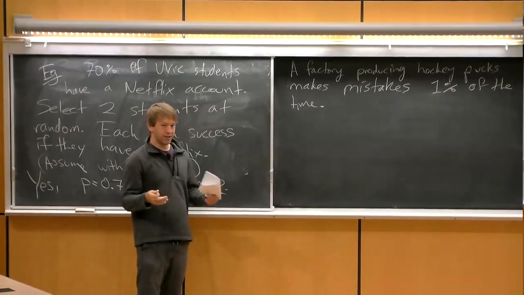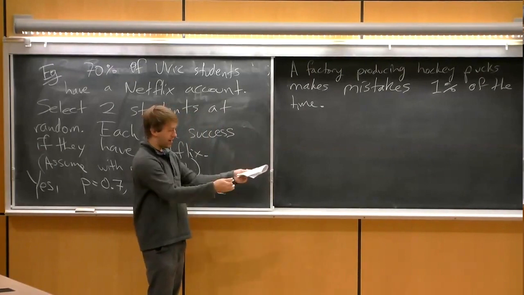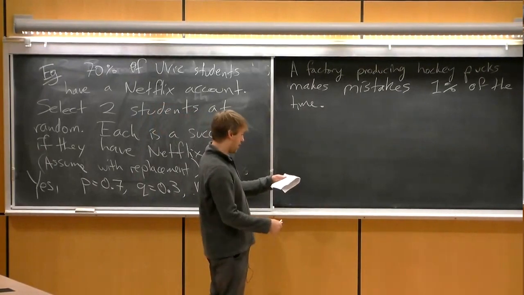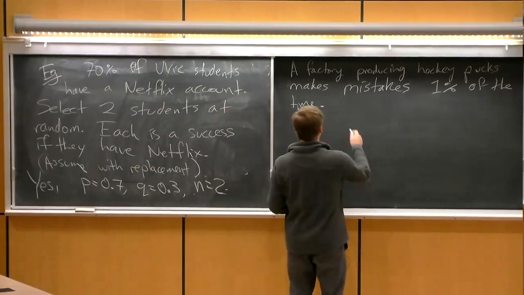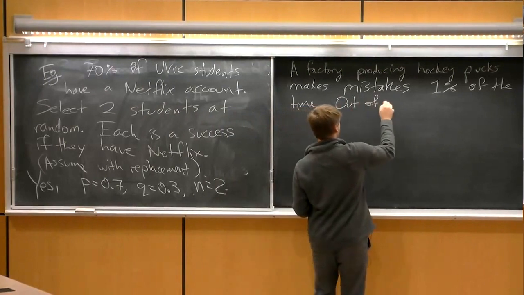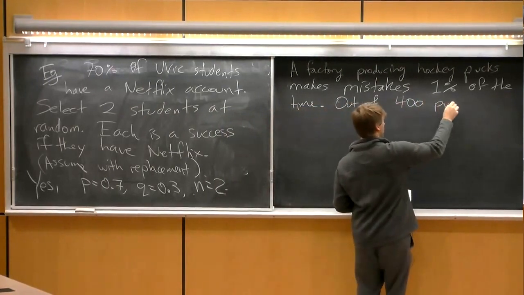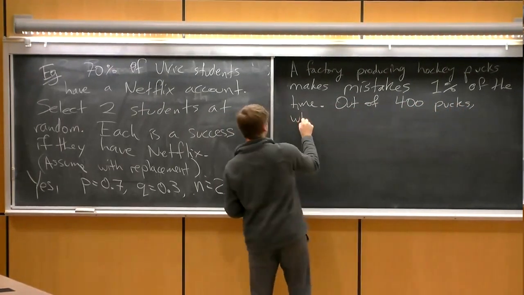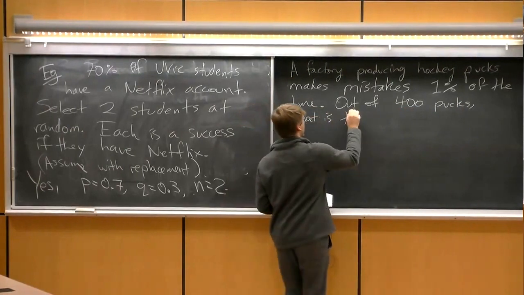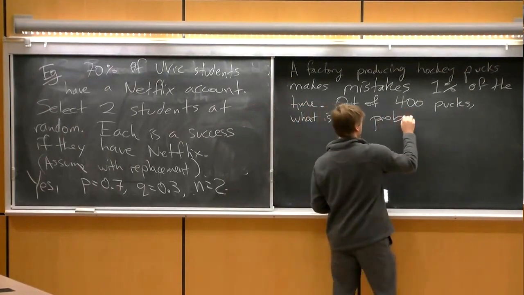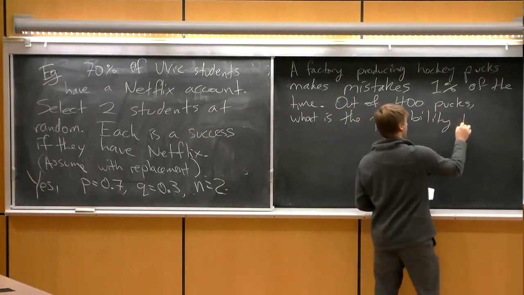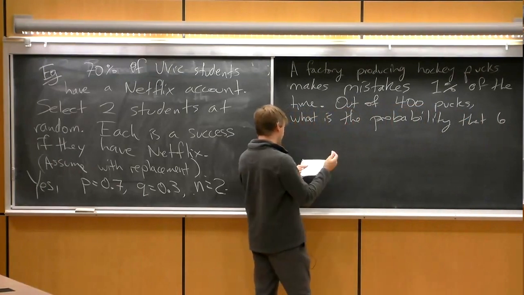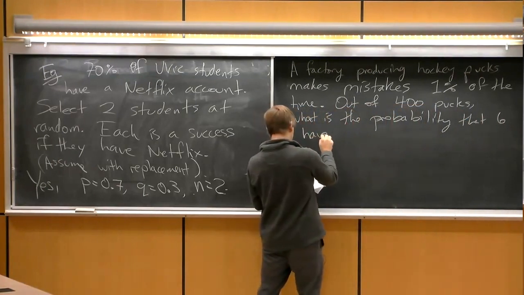And I guess we assume that these are independent. So every puck has a 1% chance of being wrong. So out of 400 pucks, what's the probability that exactly 6 of them have mistakes?